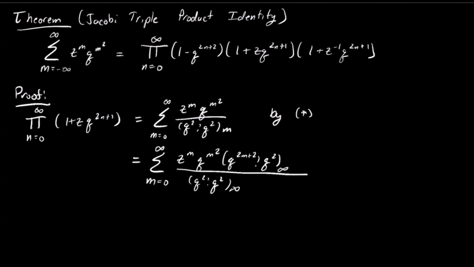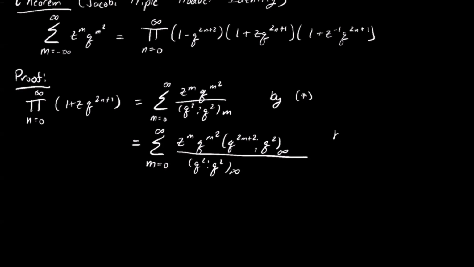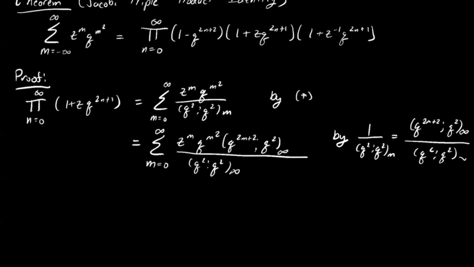All right, so this is one of our basic properties of q Pochhammer symbols. I'm rewriting it in the following way. Essentially the substitution I'm making is 1 over (q^2; q^2)_m is equal to (q^(2m+2); q^2)_∞ divided by (q^2; q^2)_∞. All right, so it's just a cancellation like in our earlier proof.